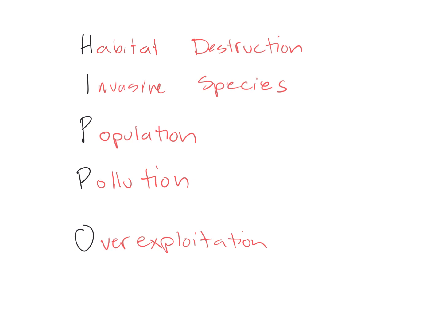It's been overexploited, and now it's not able to recover. All right, so most things that are affecting biodiversity can be broken down into one of these five different categories.